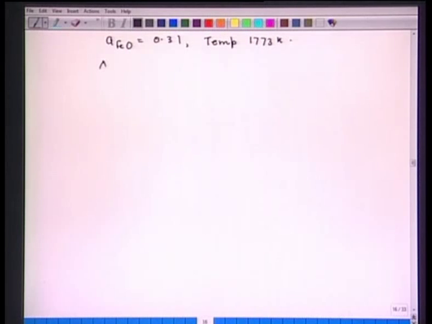Then we can calculate Kp, which is equal to 7.06 into 10 to the power minus 7. This is from equation 24. However, if you calculate from another equation, this value will be something different.